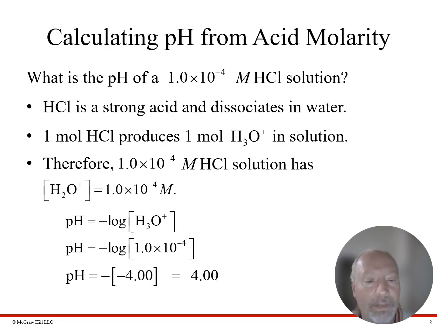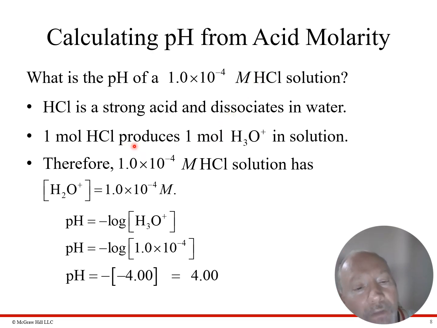So let's take a look at this. We can use our calculators, but when it's an easy number like 1.0 times 10 to the -4th molar, which is moles per liter, of hydrochloric acid, we know that HCl is a strong acid. So we know that this is going to dissociate completely. So we're going to have 1.0 times 10 to the -4th moles per liter, or molar, of hydronium cation.